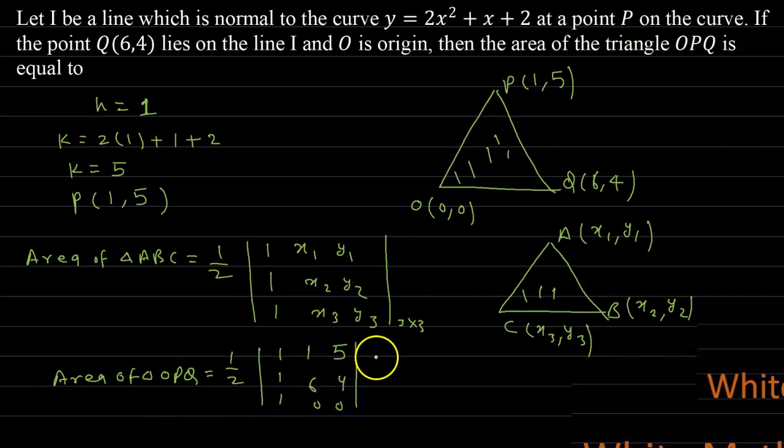On solving further, this will become 1/2. Now skip this row and this column and write 1, and multiply 6 and 0, then 0 minus multiply 4 and 0, 0. Now write minus 1, and similarly this will become 0 minus 4, and this will become plus 5. Skip this column, this row, this will become 0 minus 6.